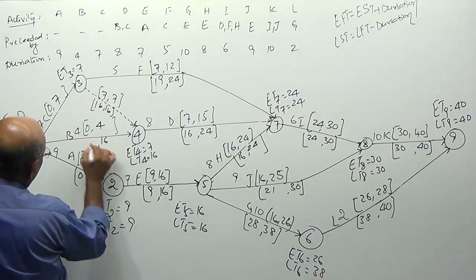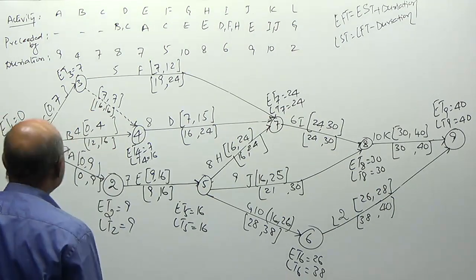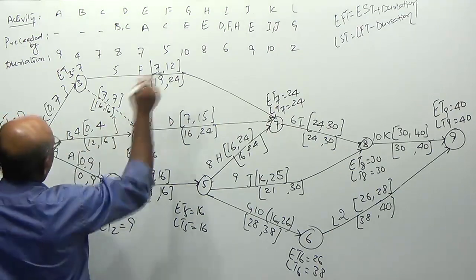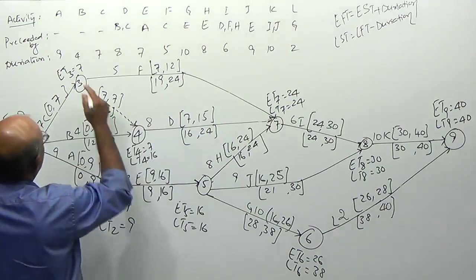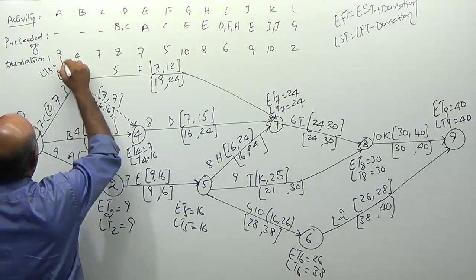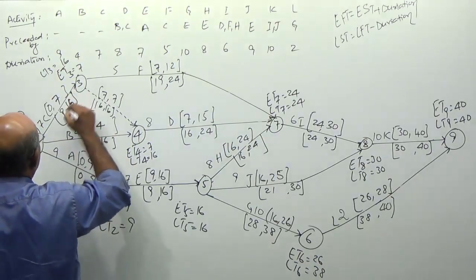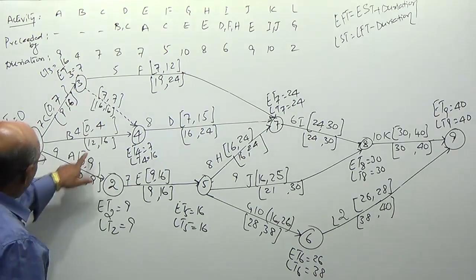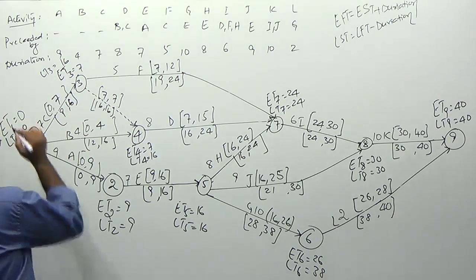Here it is 16 minus 4, 12. Now, 16 and 19. Minimum is 16. So, latest timing of 3 is 16. 16 minus 7, 9. Now, sir, 0, 12, 9. Minimum is equal to 0.